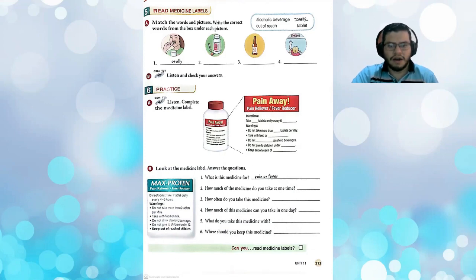How much of this medicine can you take in one day? What do you take this medicine with? With, for example, food and milk. Where should you keep this medicine? Keep out of reach of children.